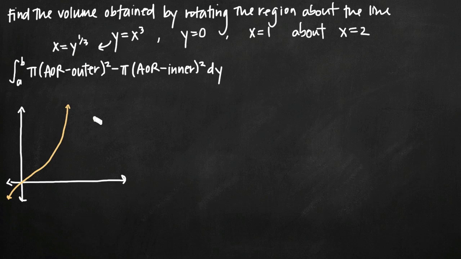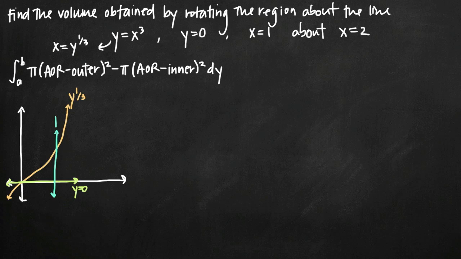So we'll actually call this y to the 1/3. And then we have y equals 0. That line is just going to be here. And then we have x equals 1, so the line x equals 1, and we'll say that that's roughly here.